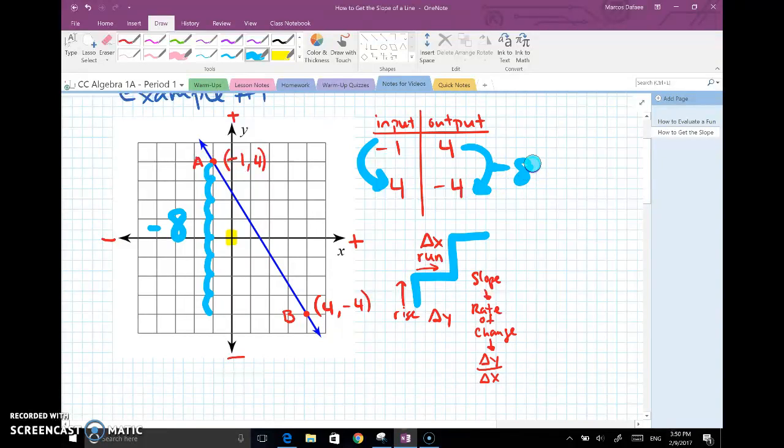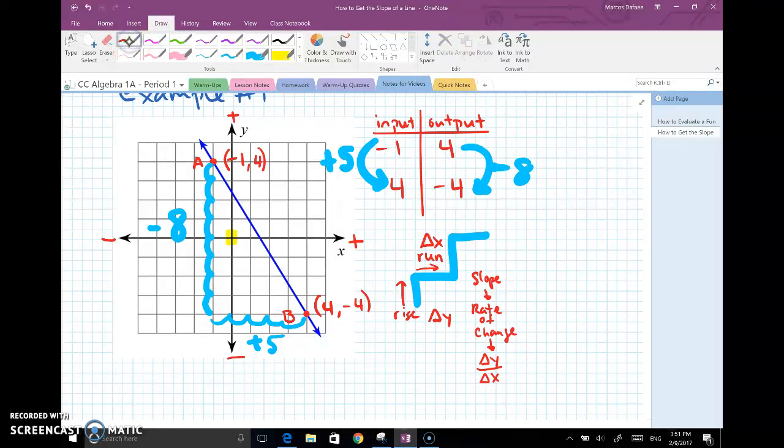Now for the input side, to get from here all the way to point B, all I have to do is count the squares again. 1, 2, 3, 4, 5. Because I went to the right 5 times, this 5 is considered a positive 5. And so my change along my domain is by 5, going to the right.